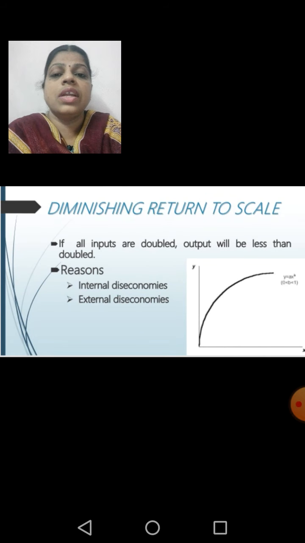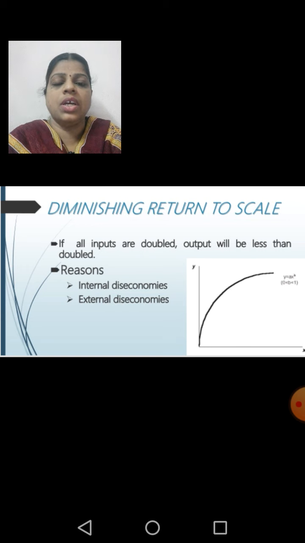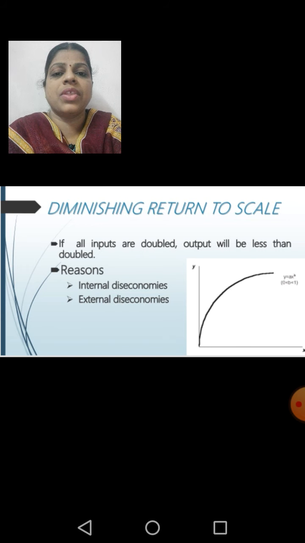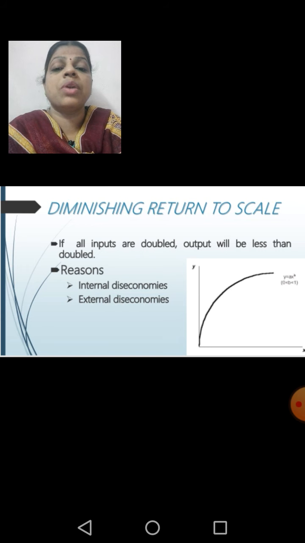The next one is diminishing returns to scale. If all inputs are doubled, output will be less than double. So it is in contrast to increasing returns to scale. In increasing returns to scale, when the inputs we apply are doubled, the output also increases but more than double.